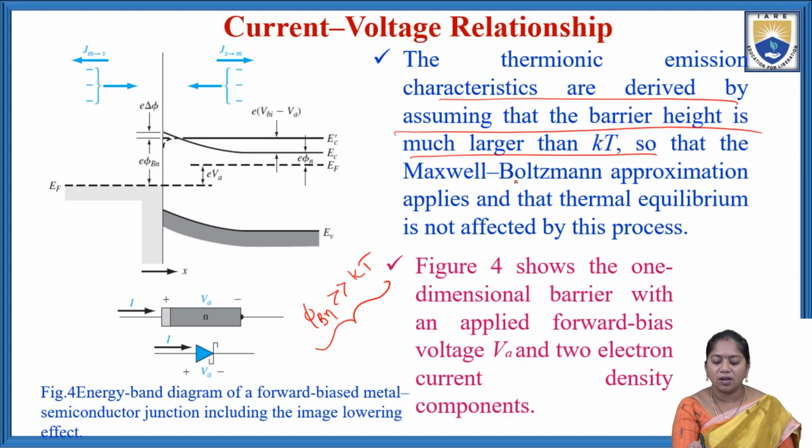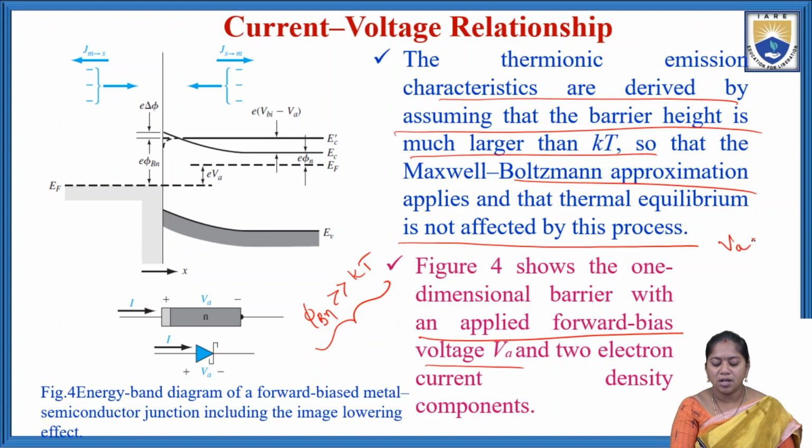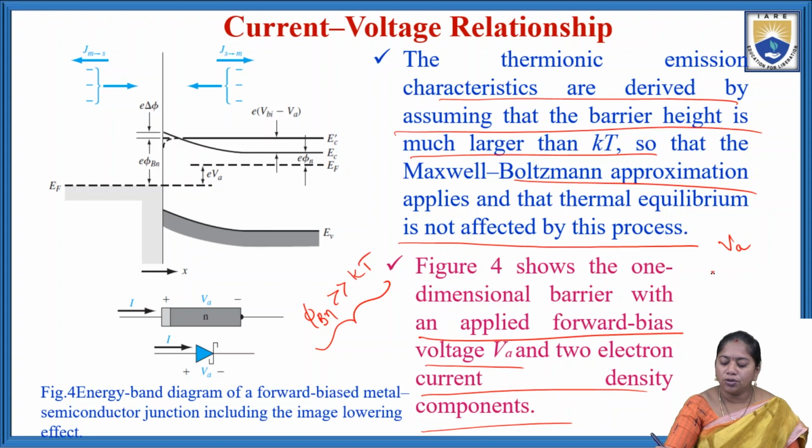So the Maxwell-Boltzmann approximation applies, and thermal equilibrium is not affected by this process. The figure shows the one-dimensional barrier with an applied forward bias voltage VA, and two electron current density components. The first one is Jm2s and the second one is Js2m.